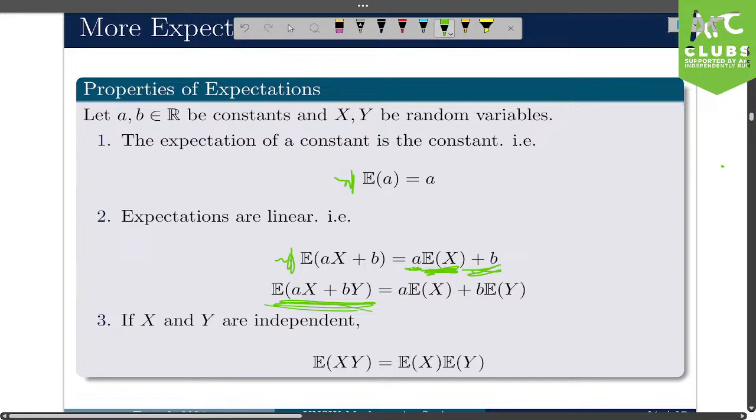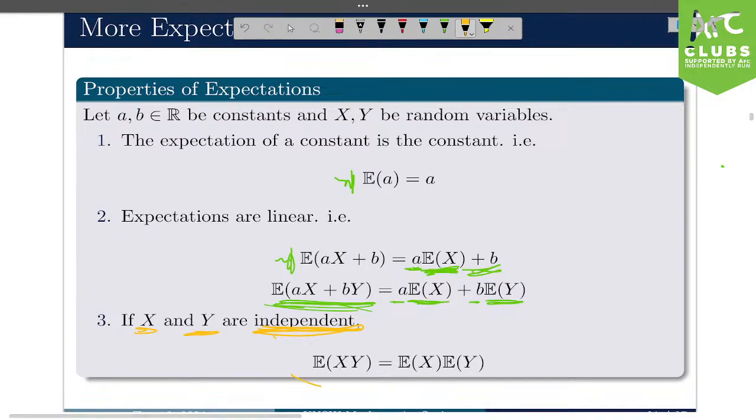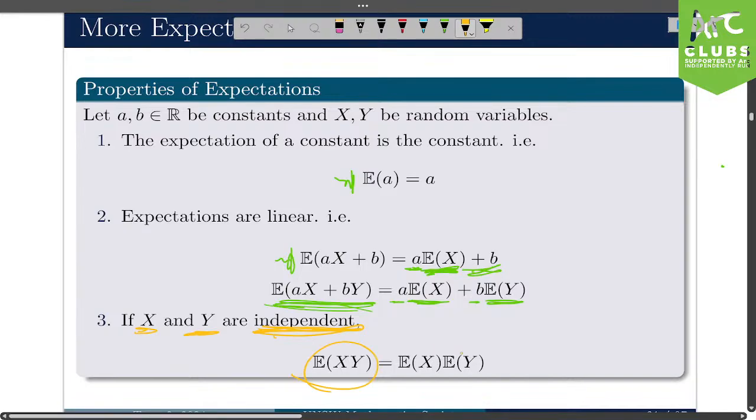We can do the same thing with two random variables: a E[X] plus b E[Y]. And if X and Y are independent, which is important, then the expectation value of XY equals the expectation value of X multiplied by the expectation value of Y.